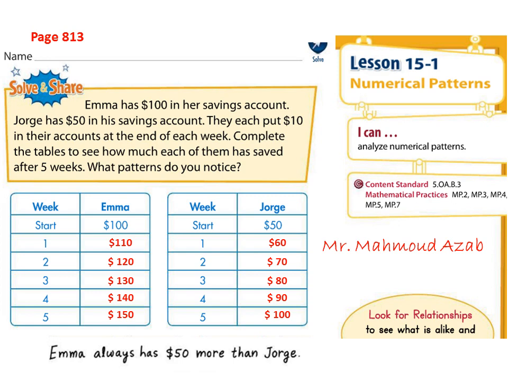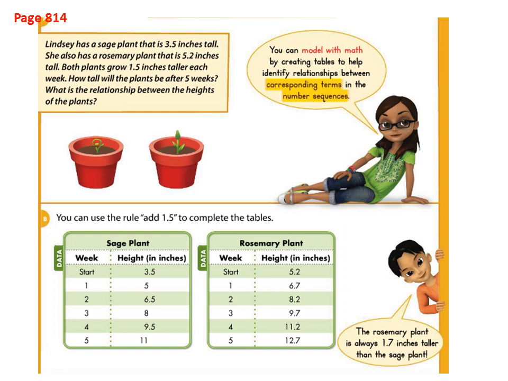For example, the last row, $150 for Emma and $100 for George. Of course, 150 is $50 more than George. So, simple answer, we can say that Emma always has $50 more than George. Are you happy with this? Yes? Okay, go to the next.